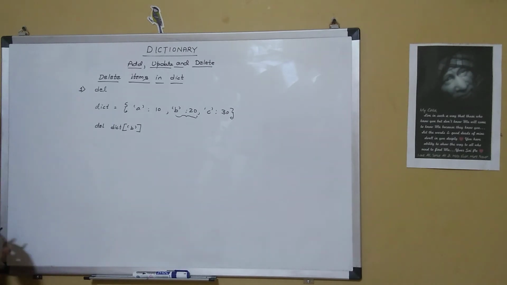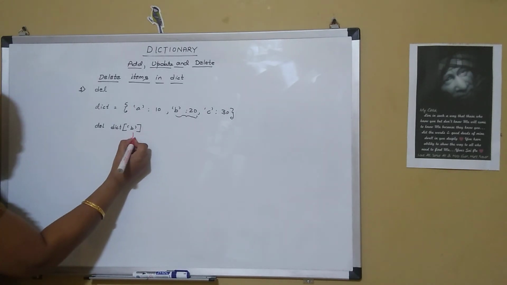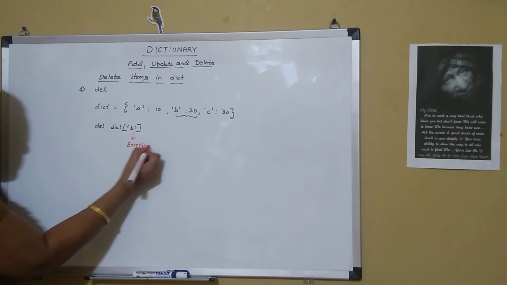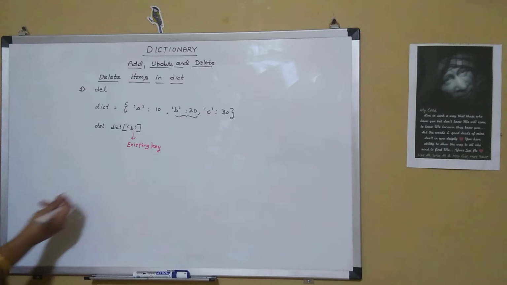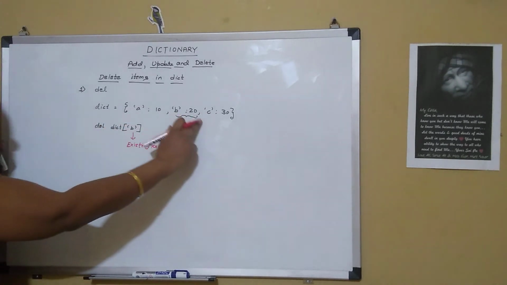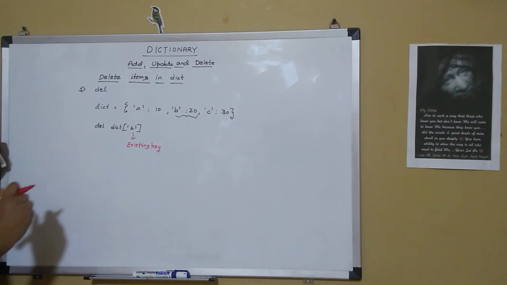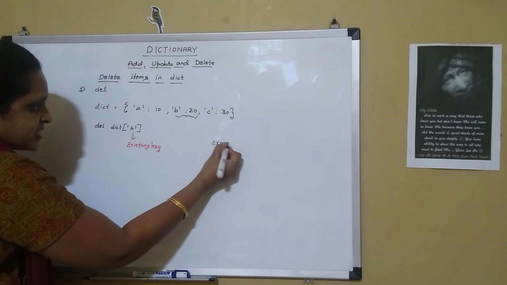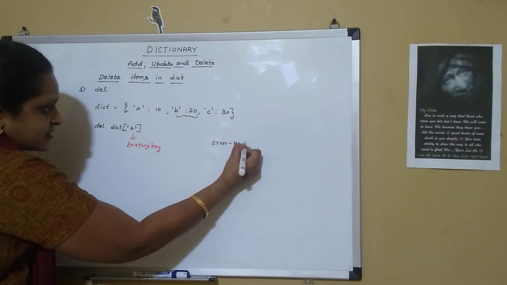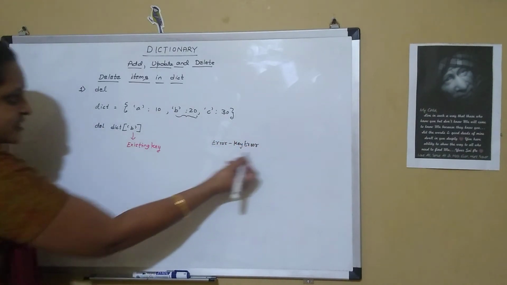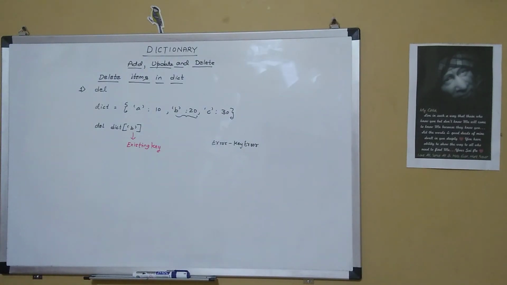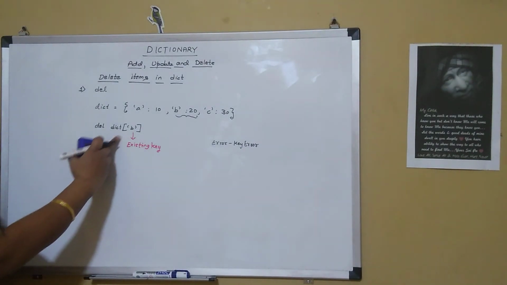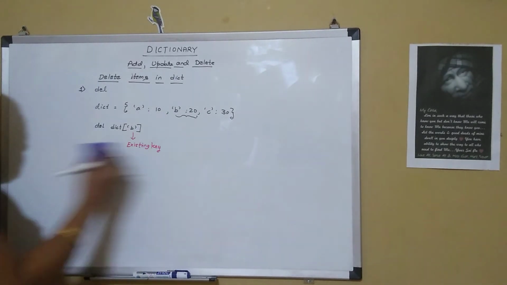Even in this case, for deletion, we have to specify the existing key. If we specify a key which is not present in the dictionary, then it will raise a KeyError, telling that this particular key is not present in the dictionary.